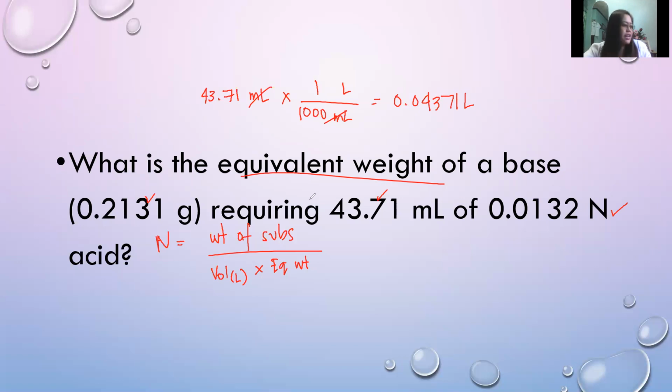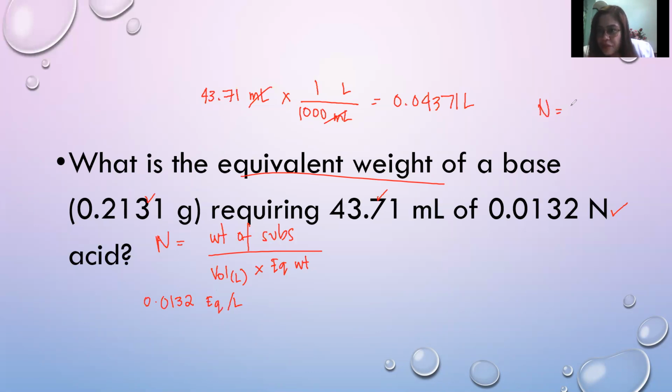So that is what we will use in the computation. Sorry, let us put the givens here. We just substitute. For normality, we have 0.0132. And then we will not use the capital letter N. We will use the other unit so the cancelling is clearer. So to cancel, we will just use equivalent per liter, right?